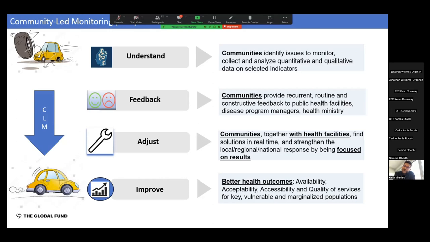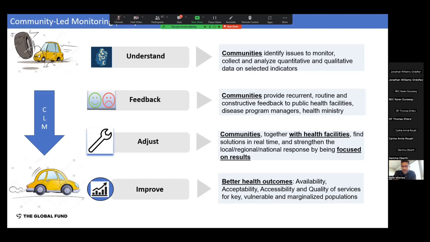If you look on the far left on your screen, you can imagine a health system being a car that needs to go from A to B. You arrive with a specific issue, you receive a service, and you're on your way. Now, if you see that the car here has a wheel that's fallen off, unable to get to fully functional driving ability, you can see CLM as potentially understanding a health system and identifying issues that might be wrong with it.